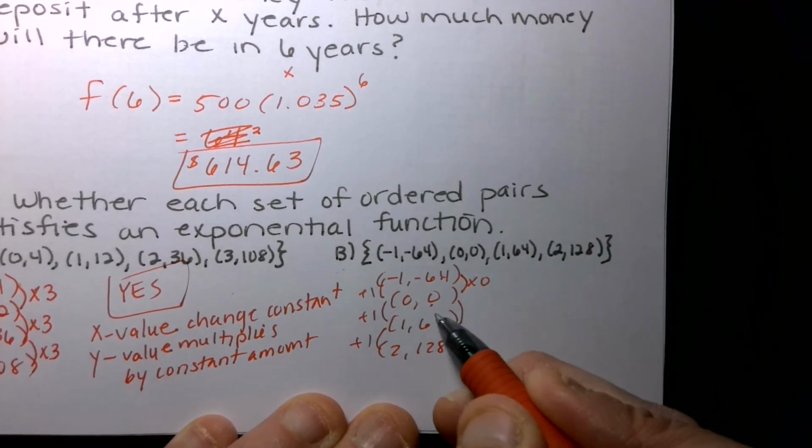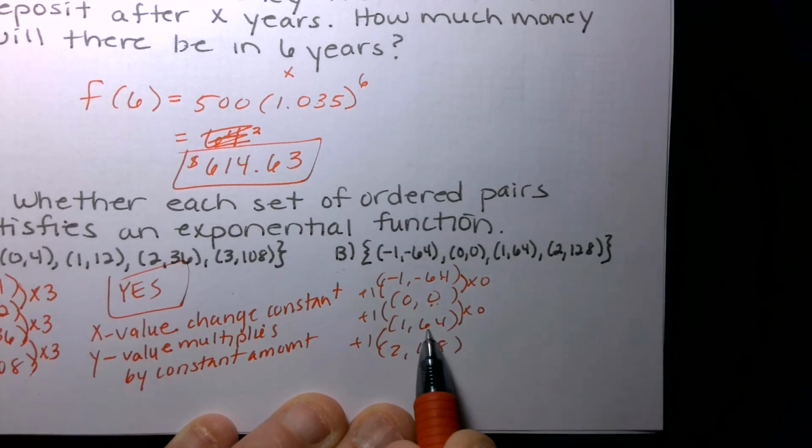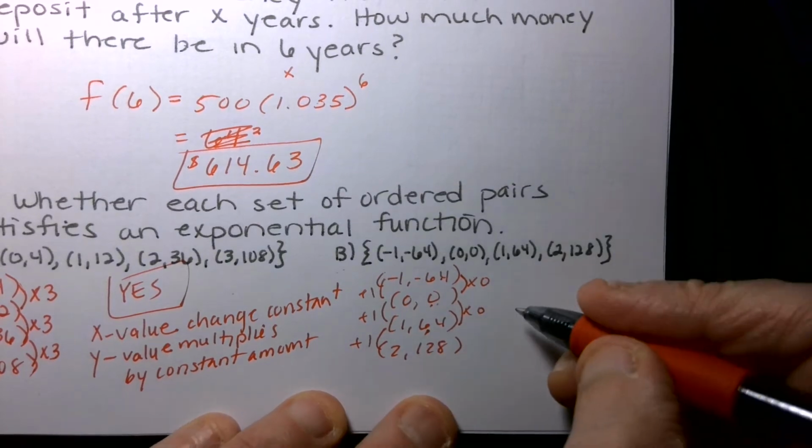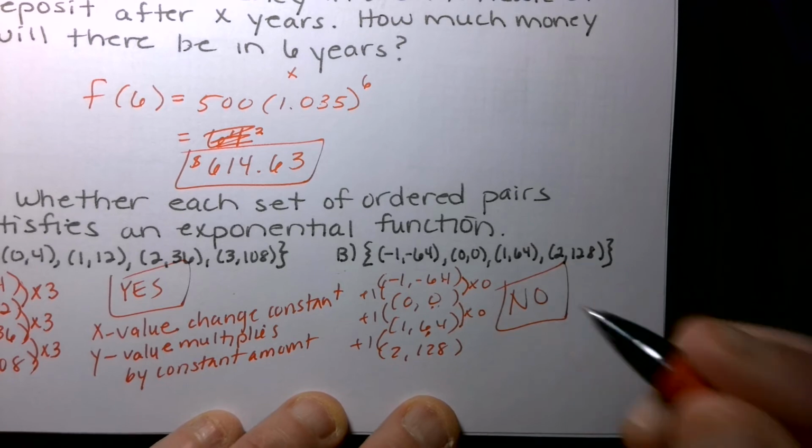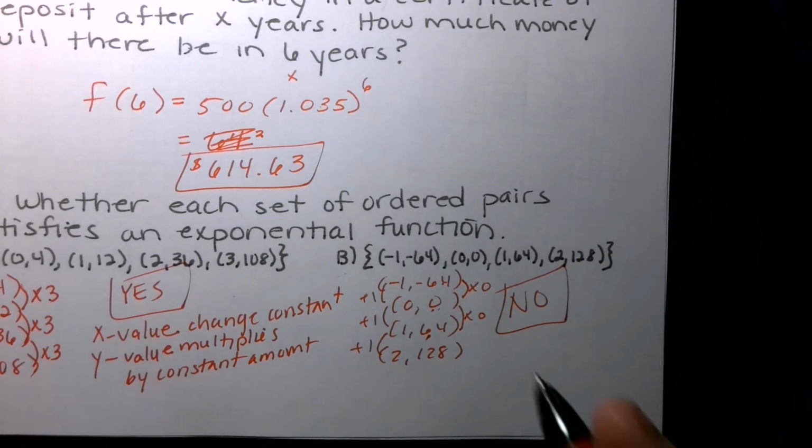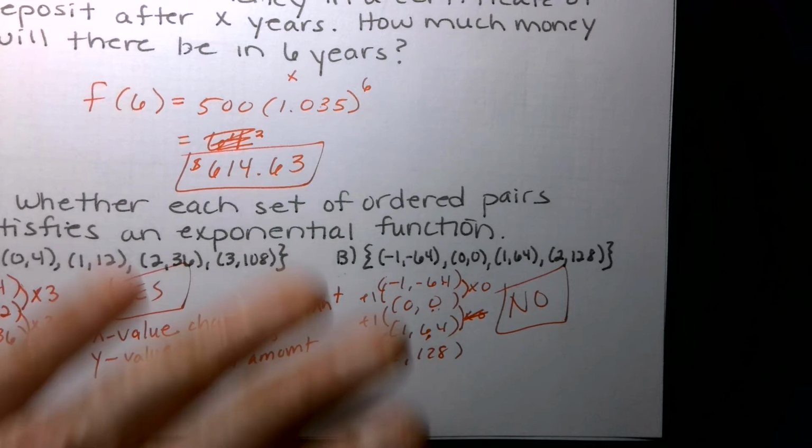When I multiply this by 0, do I get 64? No. It's not going to work, because already we are thrown off. There's not a value that you can multiply both of them by, the same value. Okay.